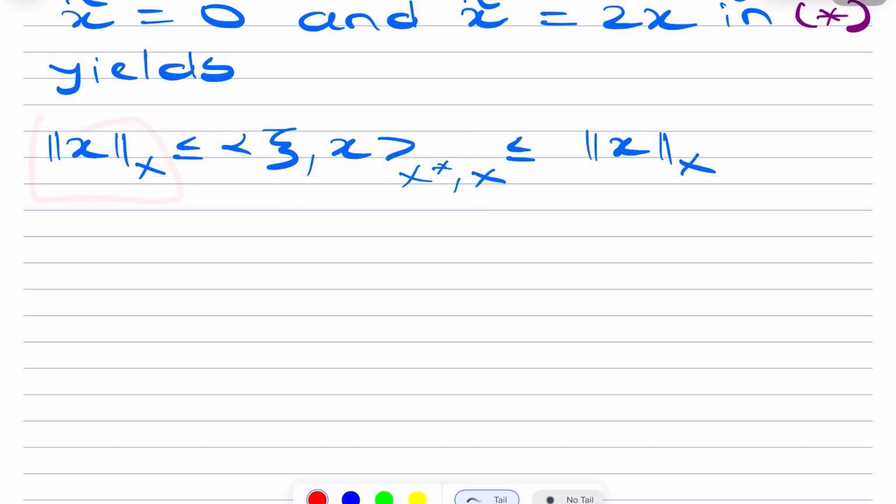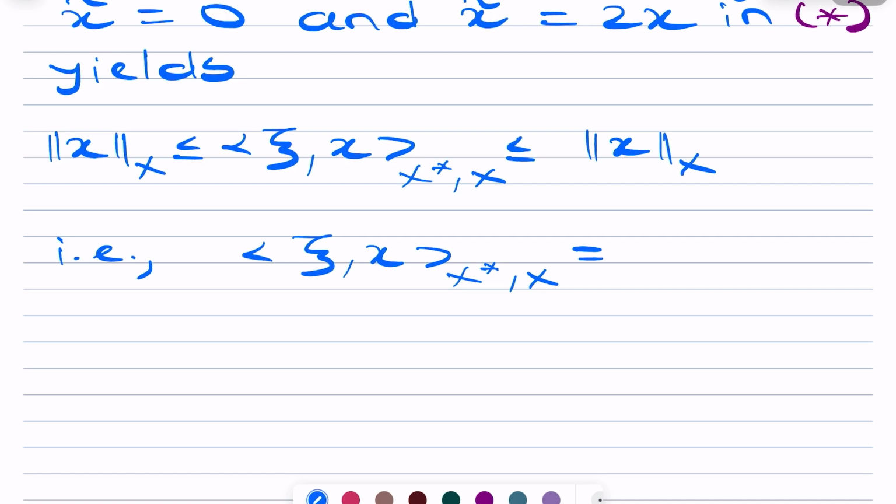So this means that this duality pairing is equal to the norm of x in X.